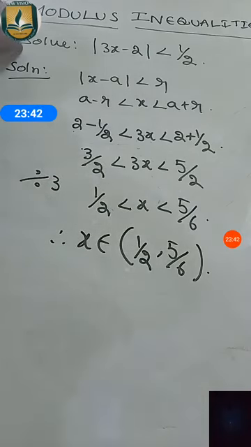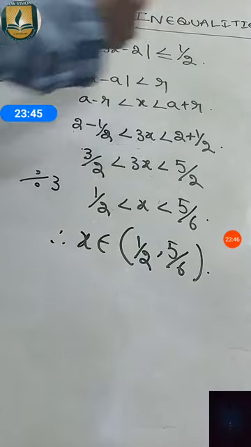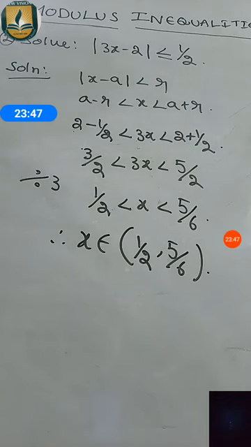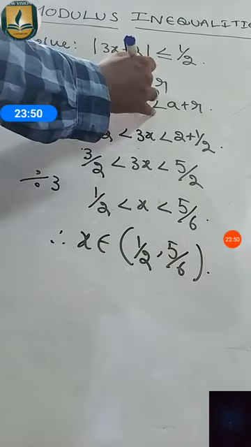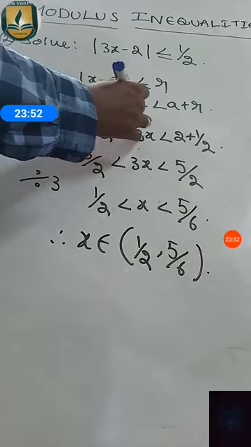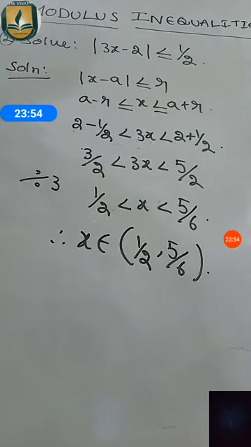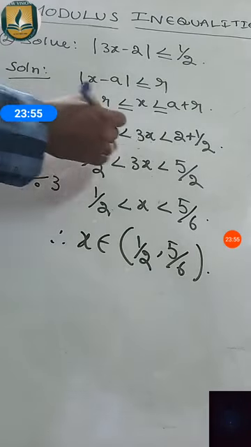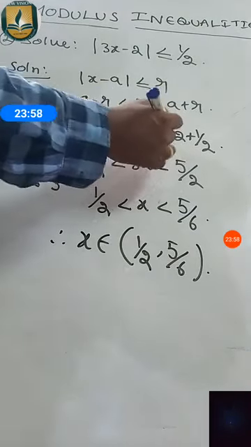Now the second problem, the same problem with the symbol less than or equal to. If we do this, my dear students, here also we will have the equal symbol, here also we will have the equal symbol. The same procedure with equal symbols.